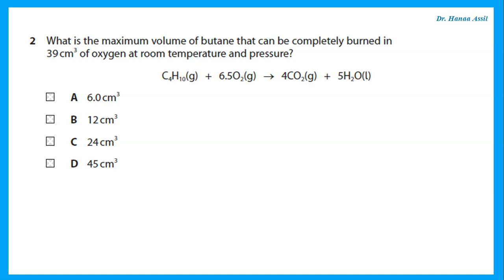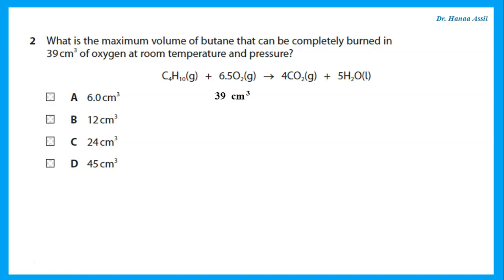What is the maximum volume of butane that can be completely burned in 39 centimeter cubed of oxygen at room temperature and pressure? Now, remember that from a balanced equation, we can relate the number of moles. So that balanced equation says 1 mole of butane reacts with 6.5 mole of oxygen, or because these are gases, I can relate the volumes of the gases.